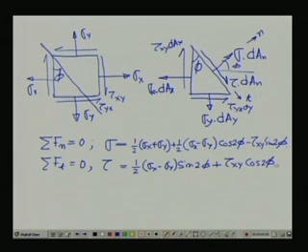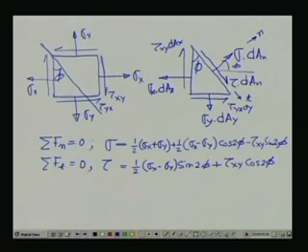While writing these equations, please note that we have taken the shear stress in these directions to be positive, meaning on this x plane it is positive. If we choose any point within the body, this shear stress is creating a clockwise moment.